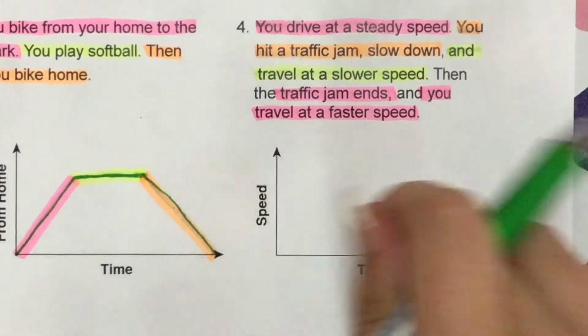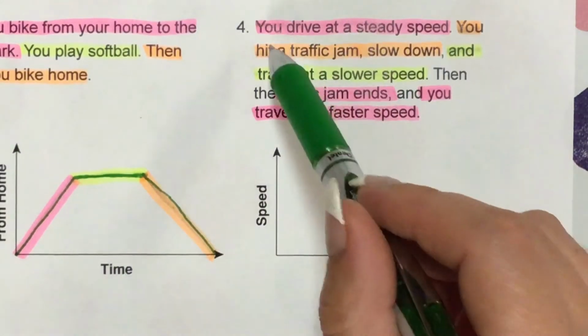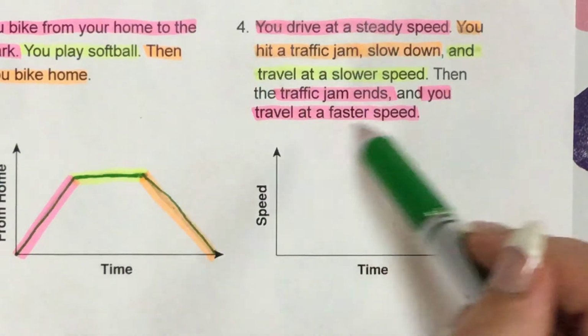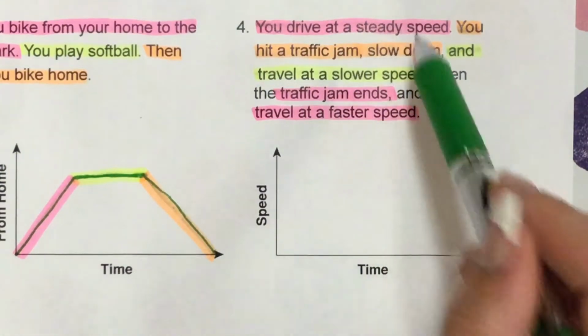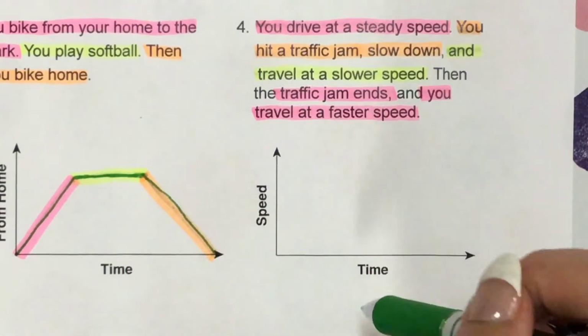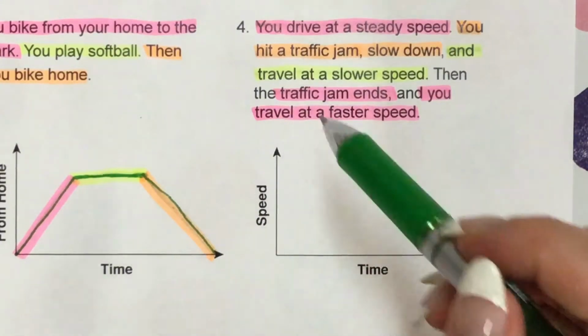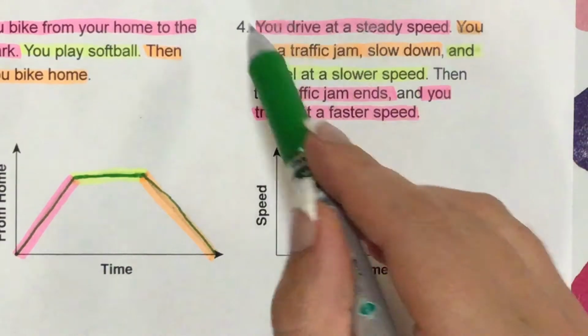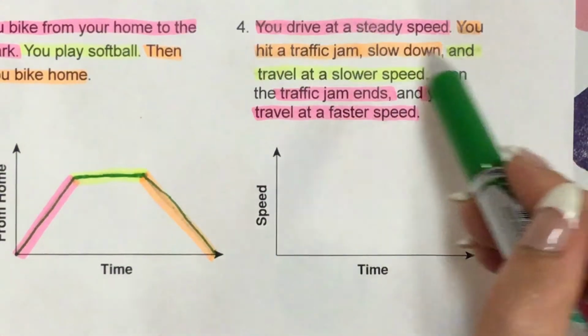That's how I'm going to model this, because all it says is you drive at a steady speed. I'm not going to talk about the car being stopped and then speeding up, because it doesn't say that.